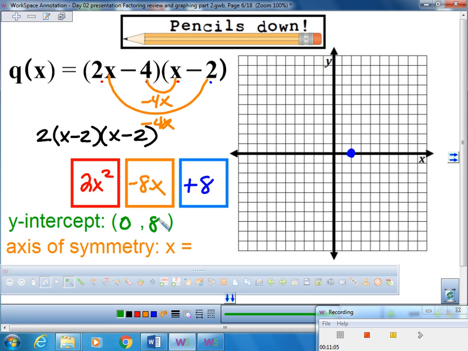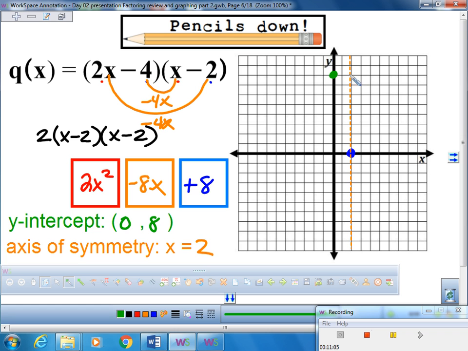So I go up to 8. I know my axis of symmetry, because I only have 1 zero, is actually on that zero. So my axis of symmetry is x equals 2. And so then I know I also have symmetry on the other side of my y-intercept.